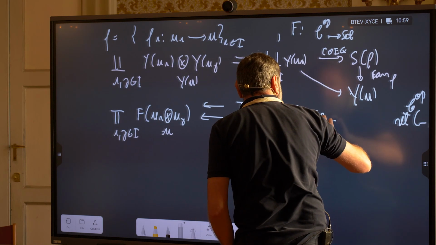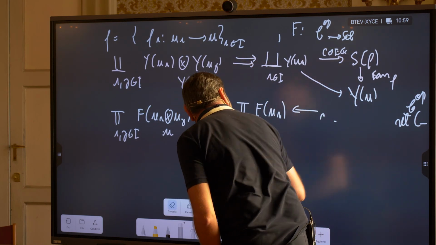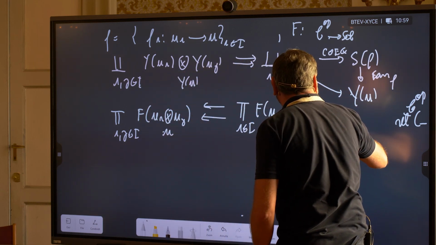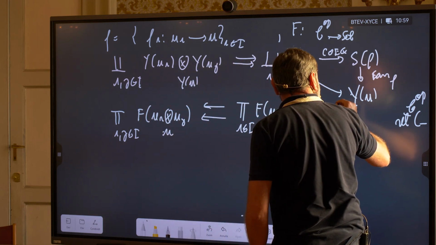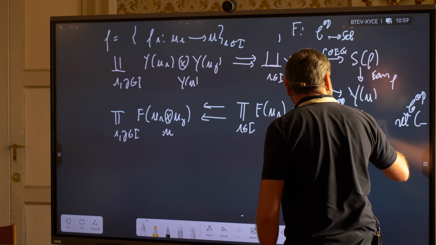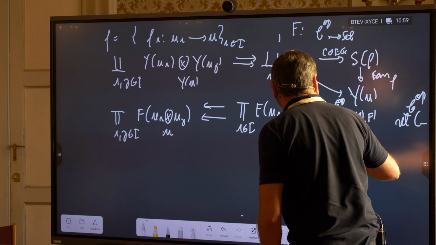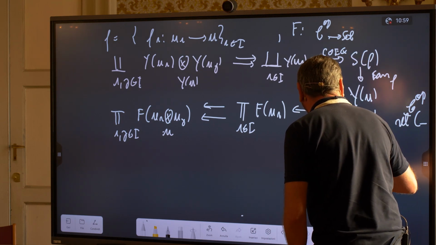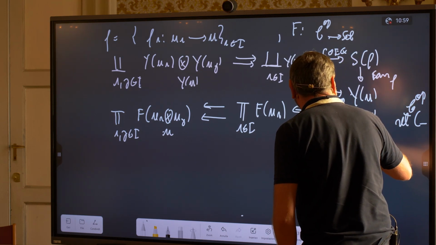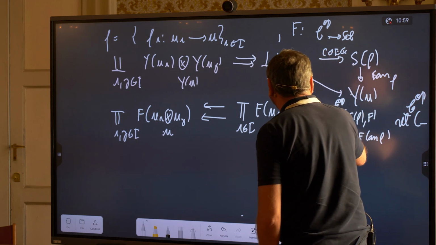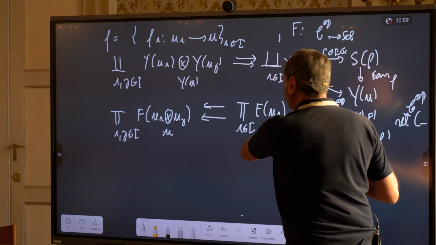C op, F, and here by the Yoneda lemma, this is an equalizer diagram.